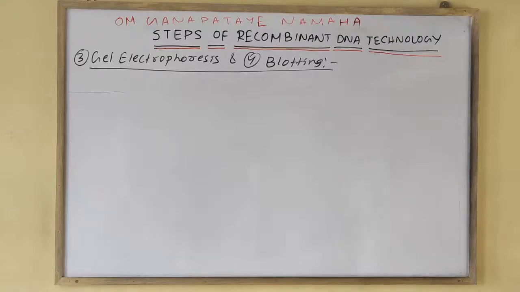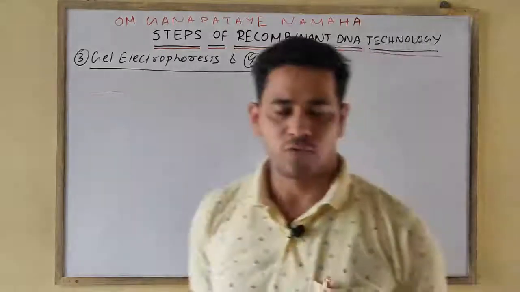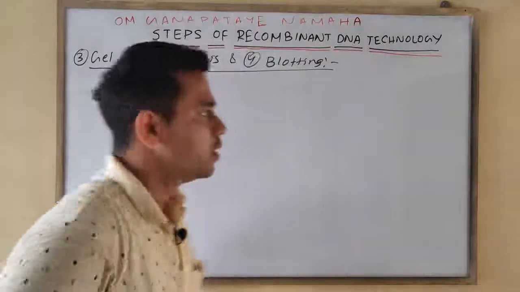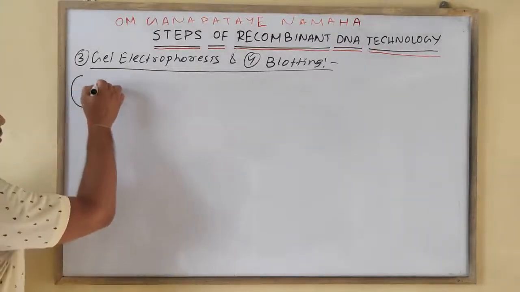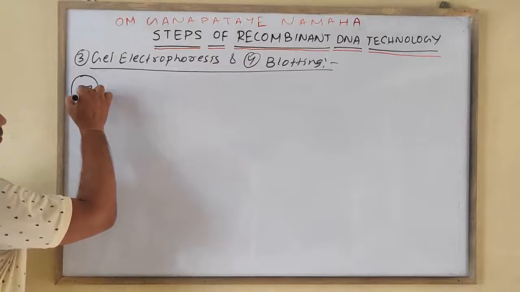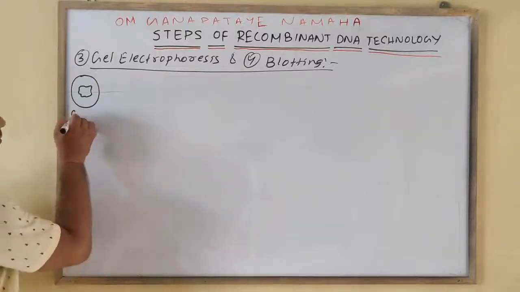Now we'll discuss our next two steps, that is gel electrophoresis and the blotting technique. First, suppose this is your cell having the DNA or the genome.